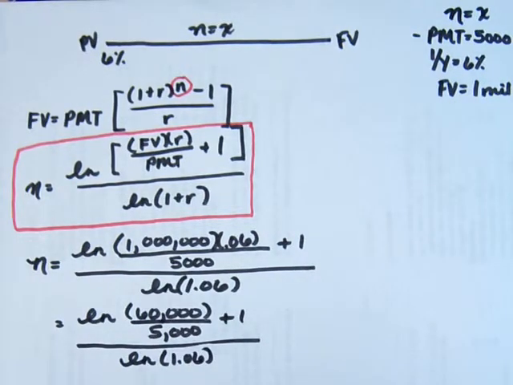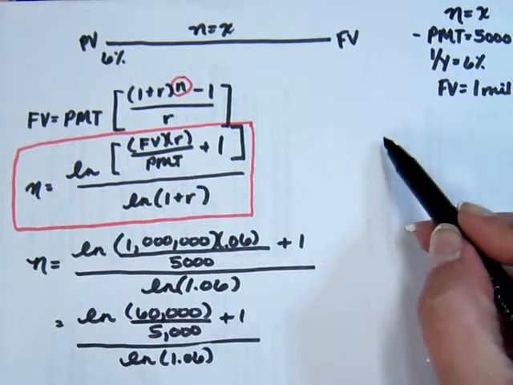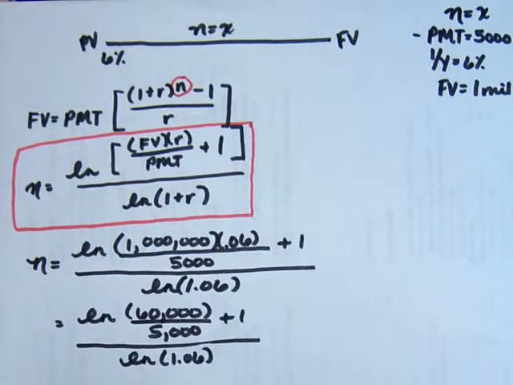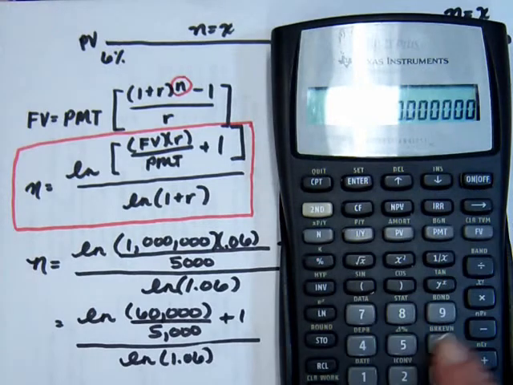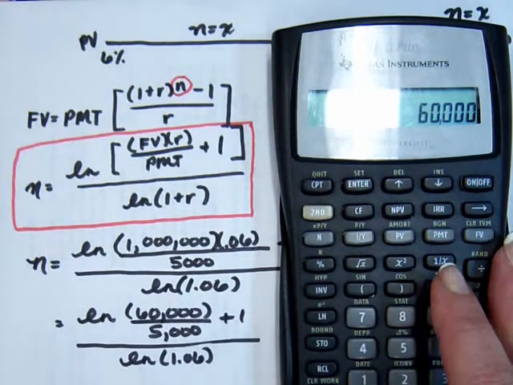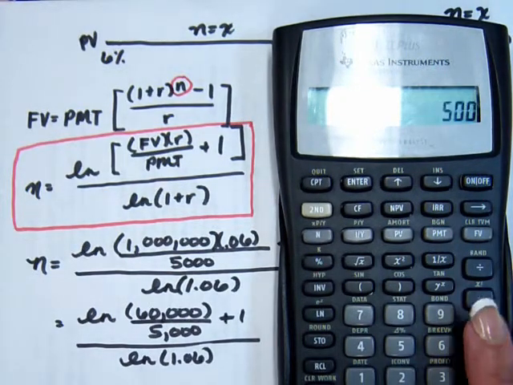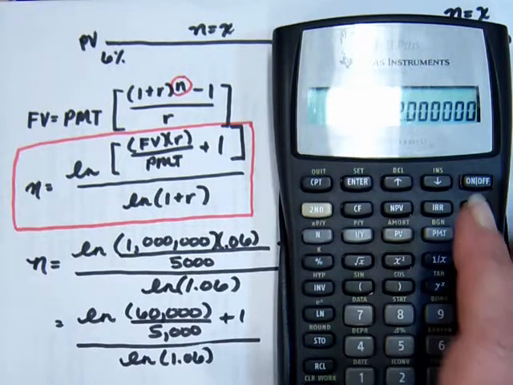We'll do this on the calculator. 60,000 divided by 5,000 equals 12.